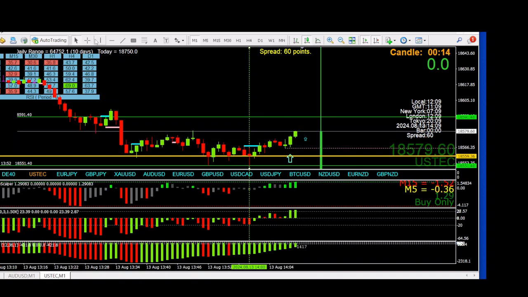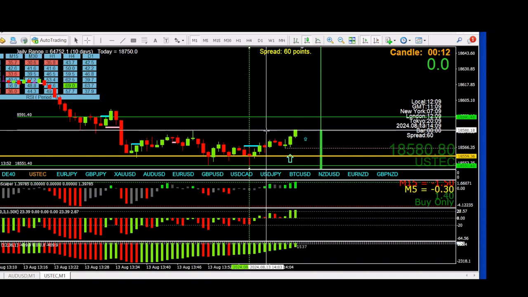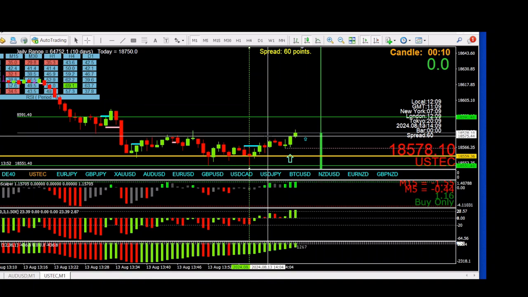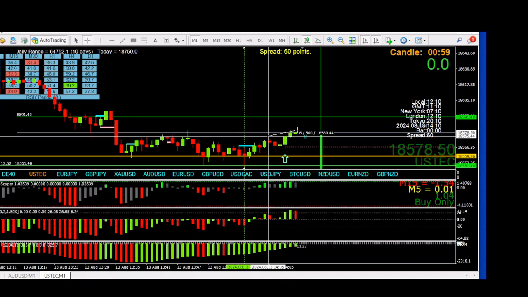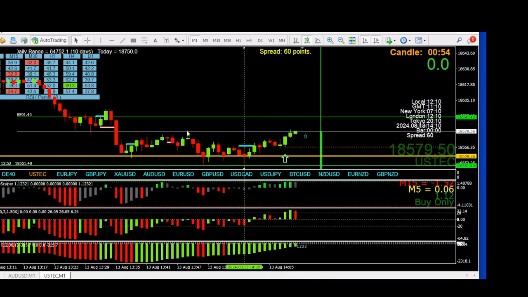It's already moved from entry, well, 50 points, whatever. We'll have a problem there, of course, and this is our 3CR level.